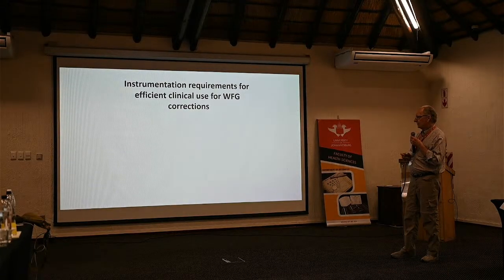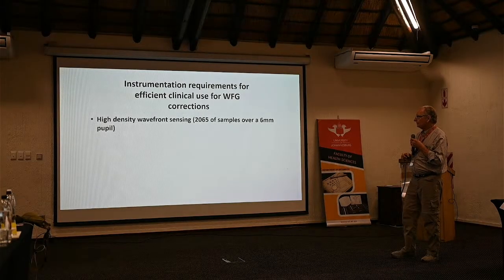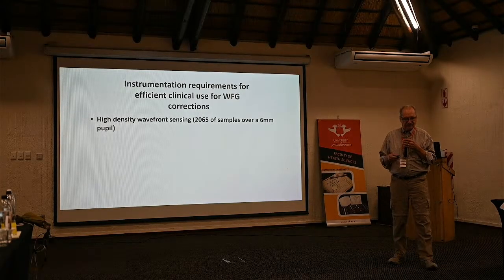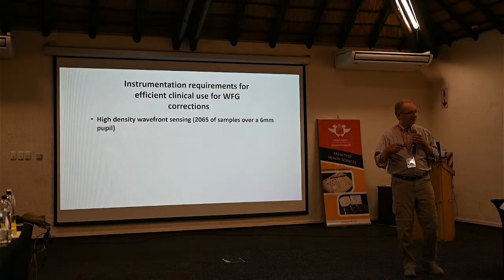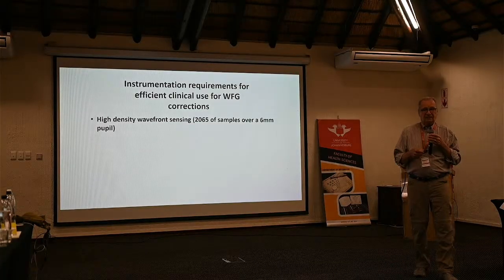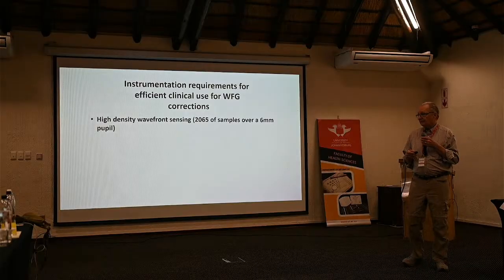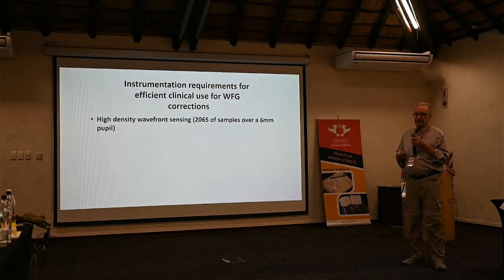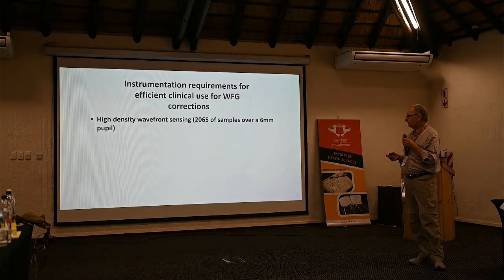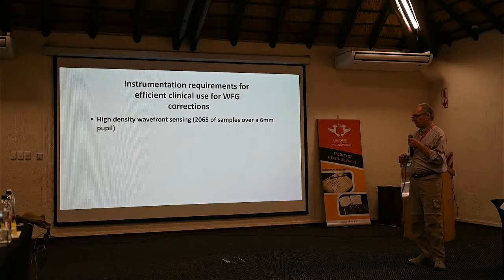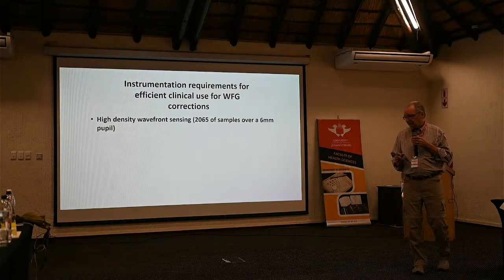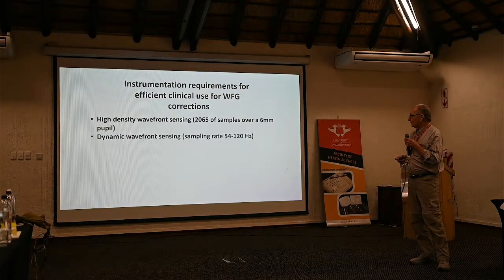Okay, so instrumentation requirements for efficient clinical use of wavefront-guided corrections. I went over these yesterday, so I'll just state them briefly again. You need a high enough density wavefront sensor to be able to detect all the variations. Right? If you undersample, then you're not going to have enough. We're using a very high density wavefront sensor, about 2,065 samples over 6 millimeters.